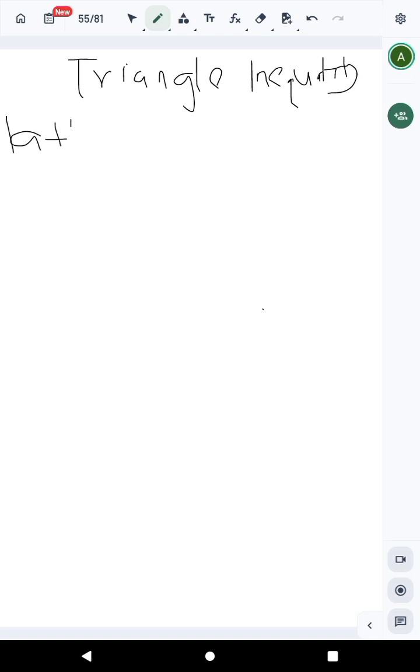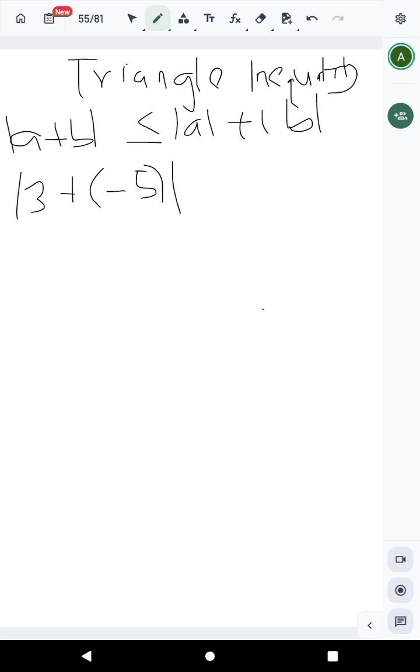We have the triangular rule, the triangular inequality. So if you have absolute value of a plus b, it is going to be less than or equal to absolute value of a plus absolute value of b. So for example, we have 3 plus open bracket minus 5.